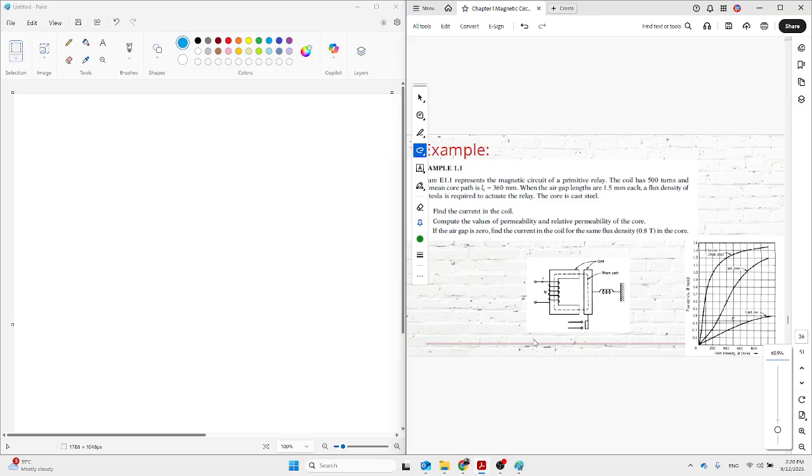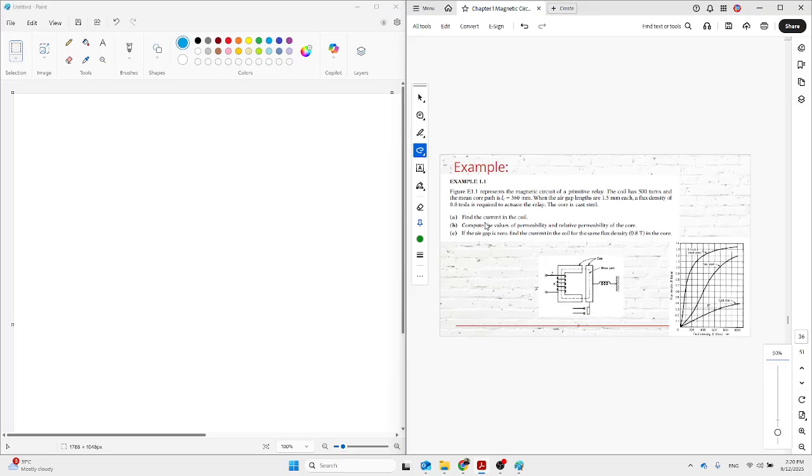Again, for this example, let's see what is given. The figure represents the magnetic circuit. The number of turns N is given as 500 turns, correct? The mean core length LC is also given as 360 millimeter, so 10 to the minus 3.